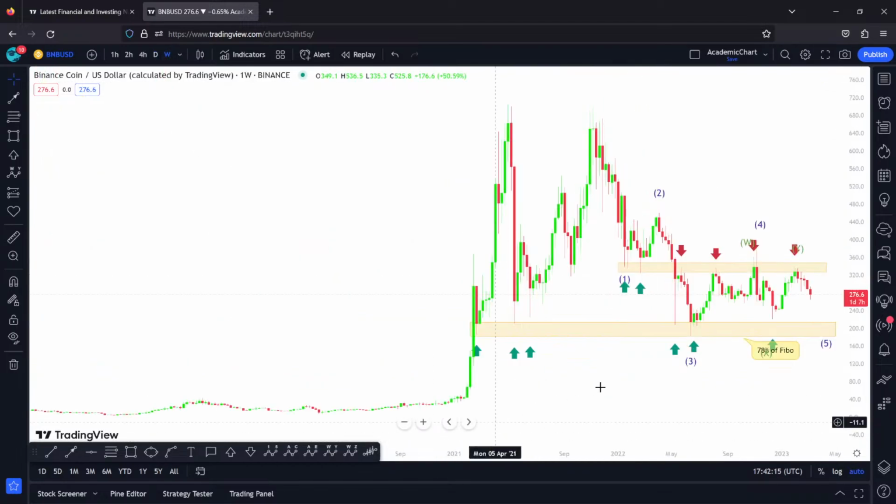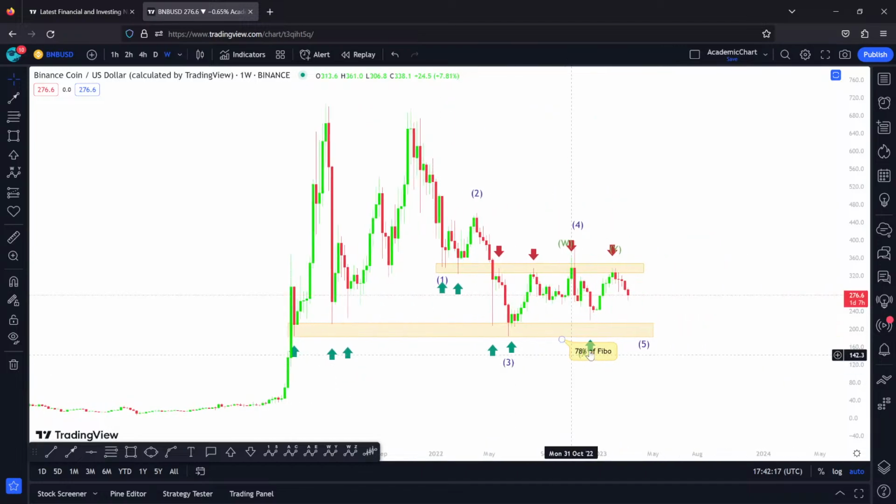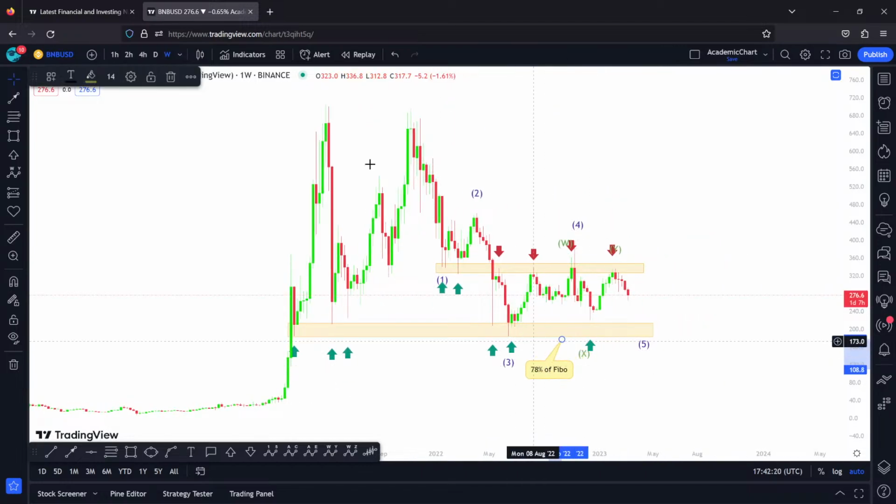As we discussed in this view, we have this very long corrective structure among these, and probably this is what is going to be done in the future.